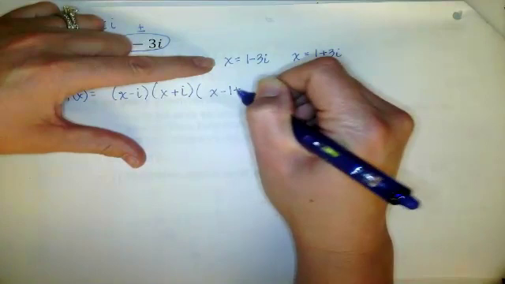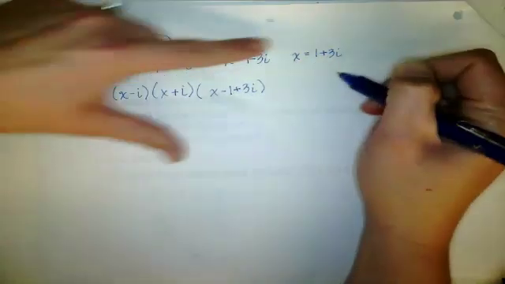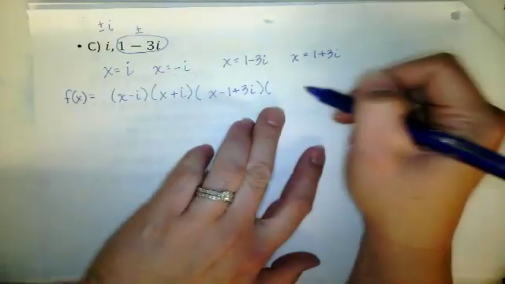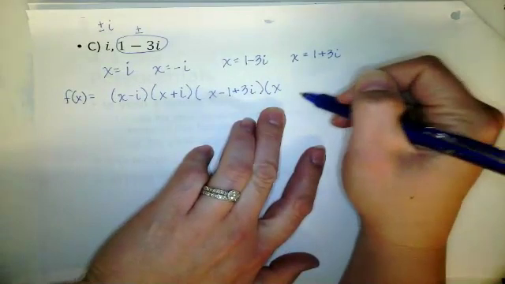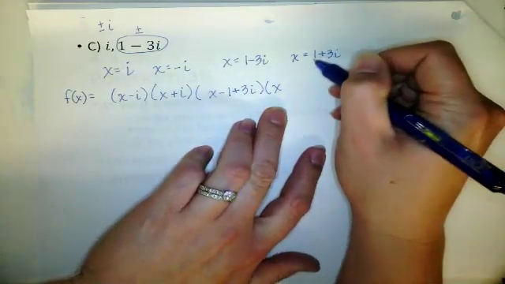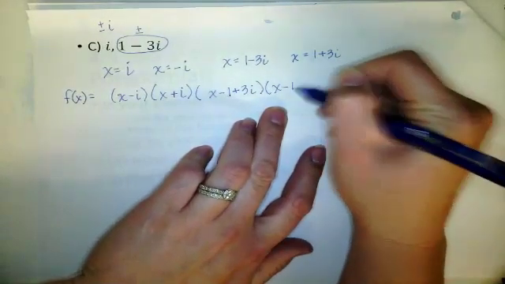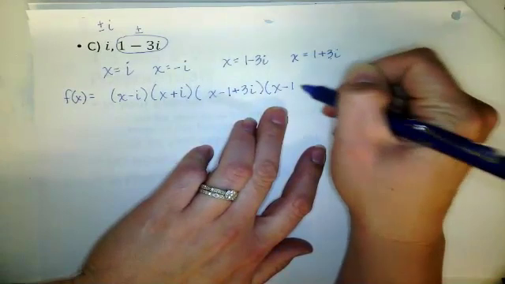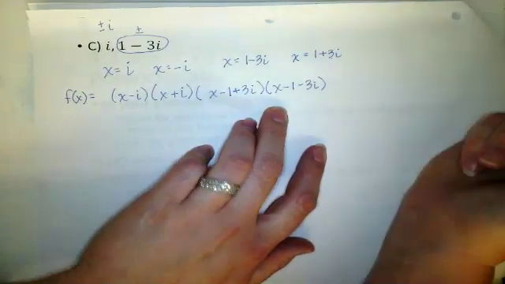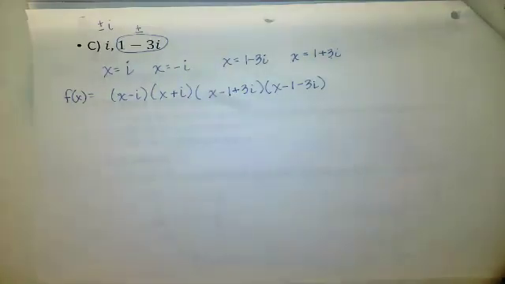X minus 1 plus 3i. Very good. And then this one? Again, we'd have to move the 1, so that becomes negative, and then we'd have to subtract the 3i, so that also becomes negative. This is really interesting. This lesson I just stole from Algebra 2 because we just did this last week.